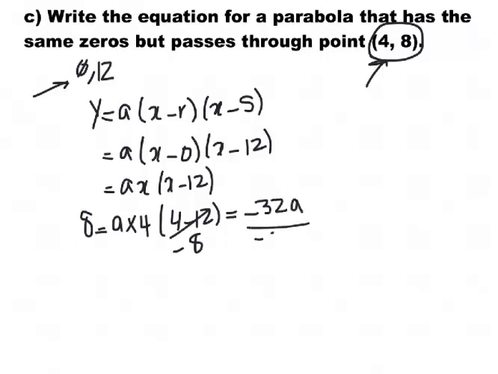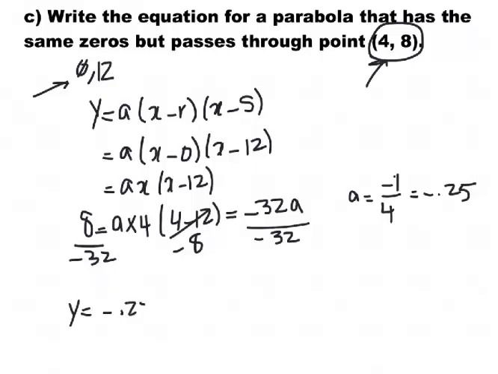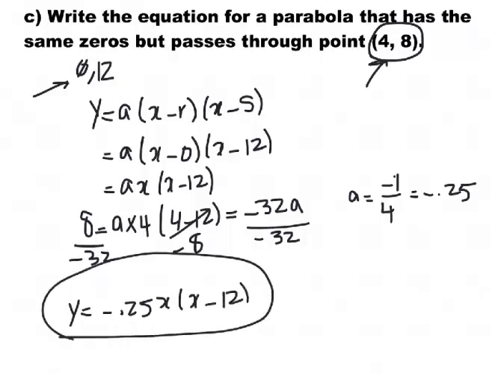I divide by negative 32. I get a is equal to negative 1 over 4, which is negative 0.25. So I can say y is equal to negative 0.25 x times x minus 12. So this is my equation.